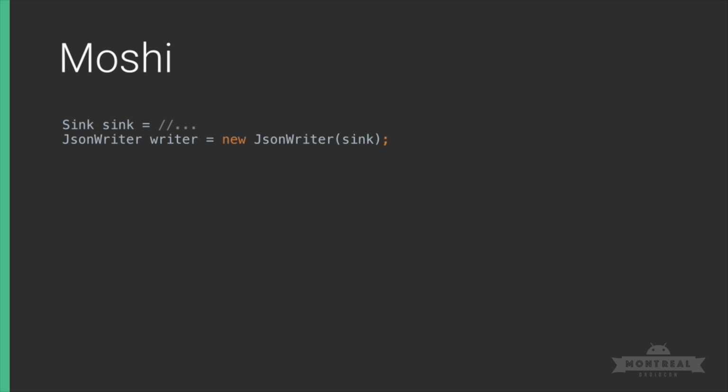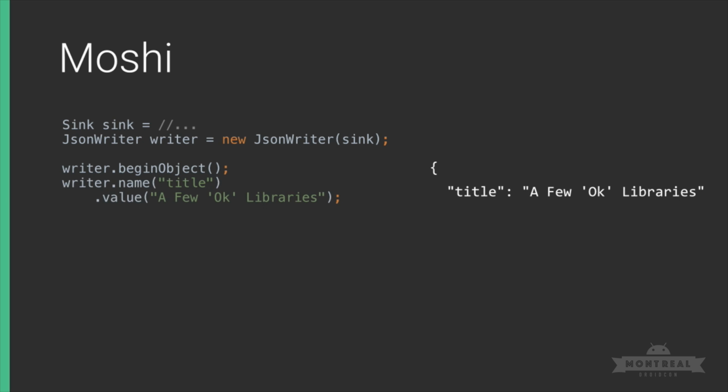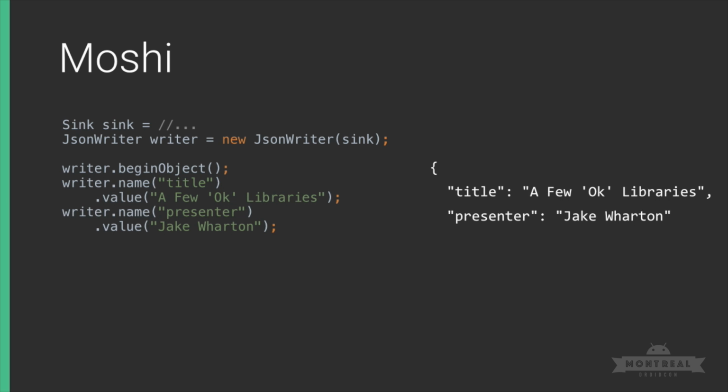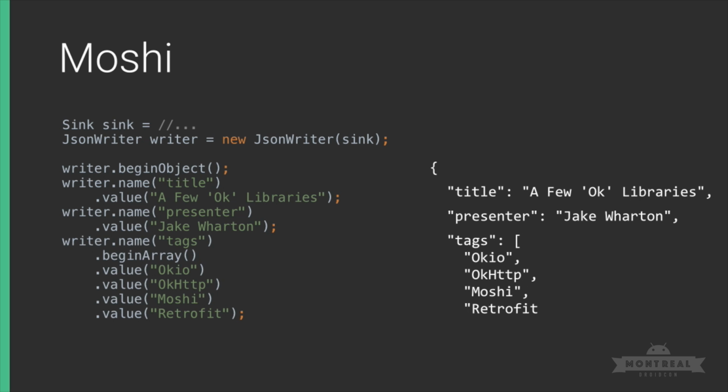So given a sink, we can basically just use a high-level API which corresponds to the data in the JSON for writing these data structures, whether it just be keys and values, or in this case, an array.